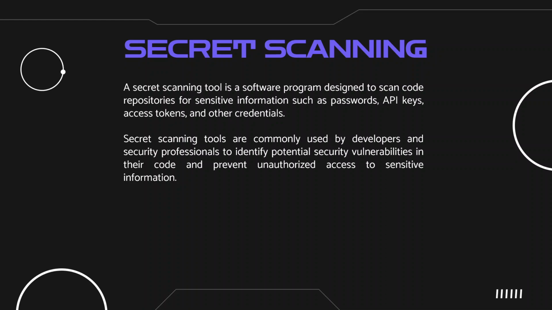Secret scanning tools. Secret scanning tools are software programs designed to scan code repositories for sensitive information such as passwords, API keys, access tokens, and other credentials. This is commonly used by developers and security professionals to identify potential security vulnerabilities in the code and prevent unauthorized access to sensitive information.